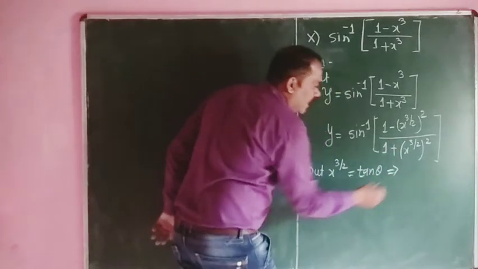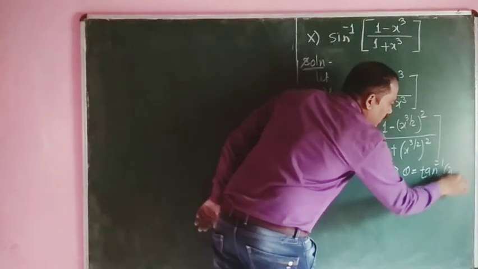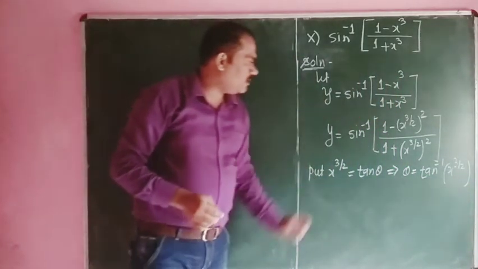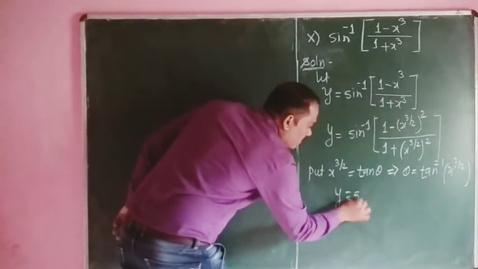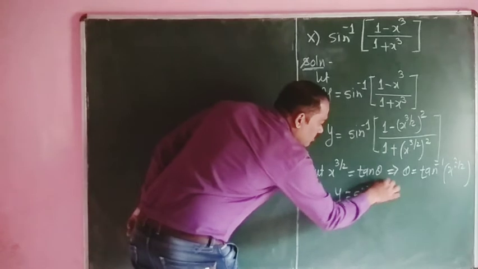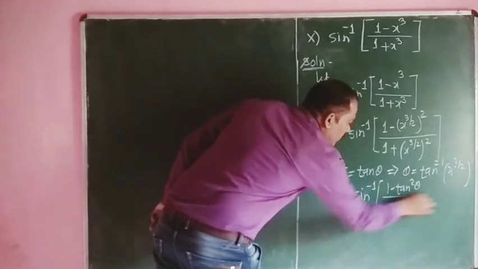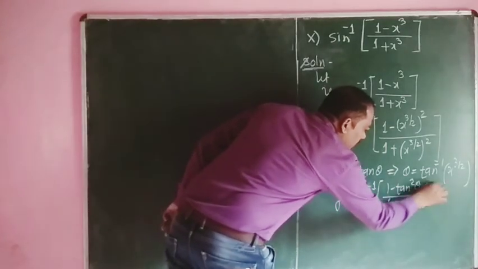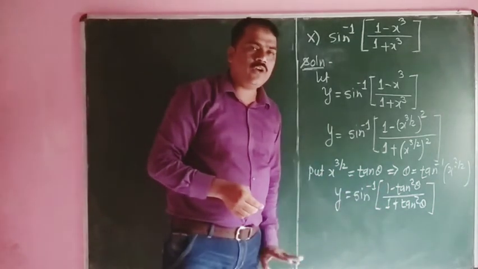This implies that theta is equal to tan inverse of x raised to 3 by 2. So we get y is equal to sin inverse of 1 minus tan square theta divided by 1 plus tan square theta. We have already solved a lot of examples related to this formula.